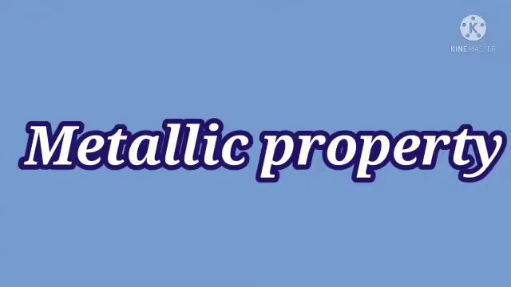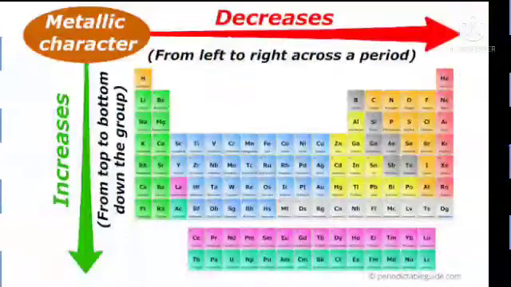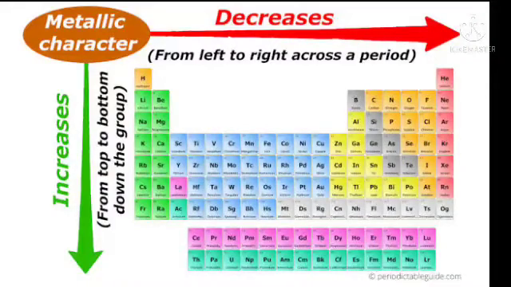The next property is metallic property. It is the electropositive nature. In a period, the metallic property of the elements decreases from left to right. In a group, the metallic property of the elements increases from top to bottom.